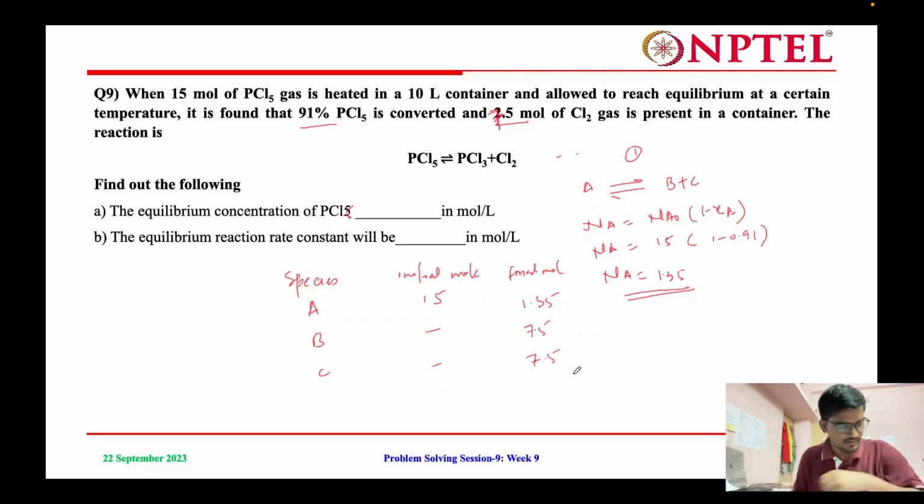Now to calculate the concentrations, moles divided by volume.